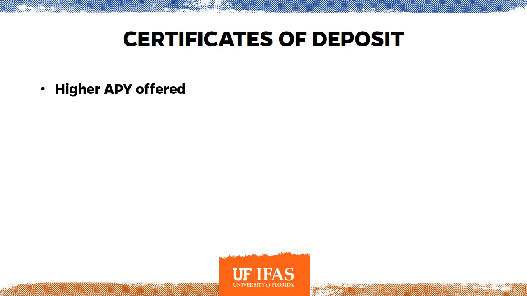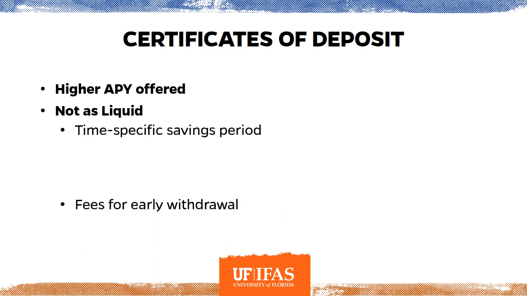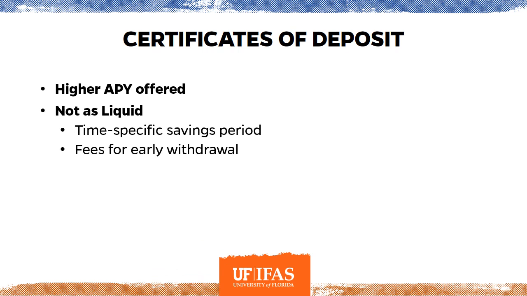So because they know they're going to have your money for a certain period of time, they usually offer a little bit higher annual percentage yield than a savings account. It's not as liquid because you're telling the bank, you can hold my money for this certain period of time. If you need to withdraw that money before the time period is up, you'll face fees for an early withdrawal that will be more than the interest you've earned on that CD while it's been in there.